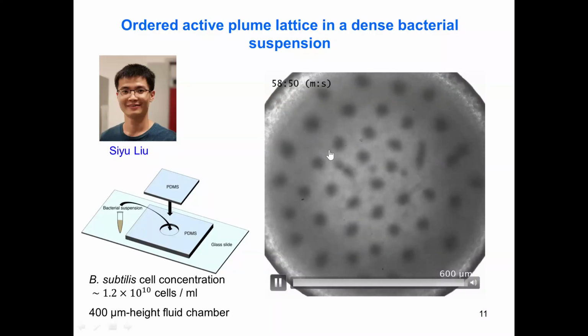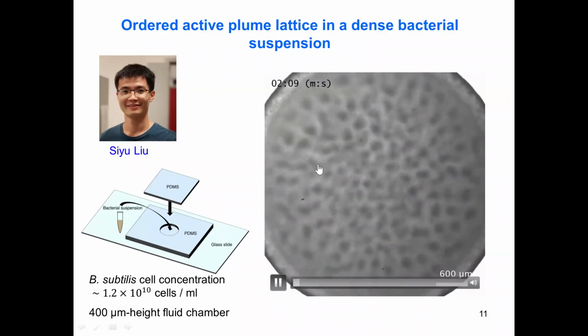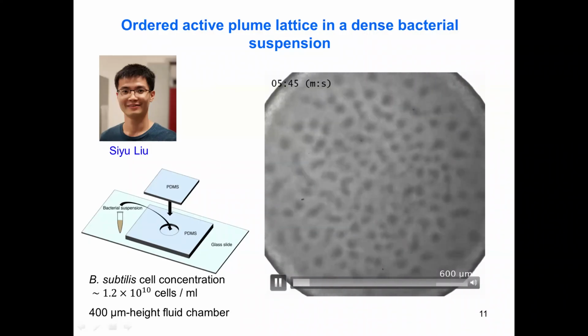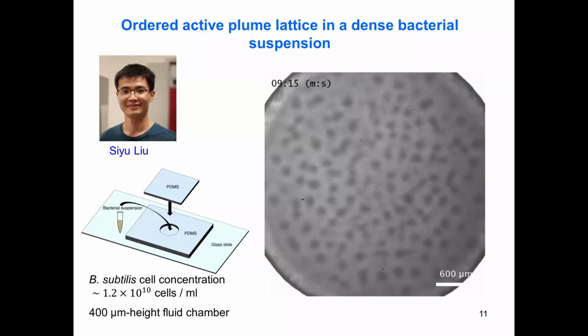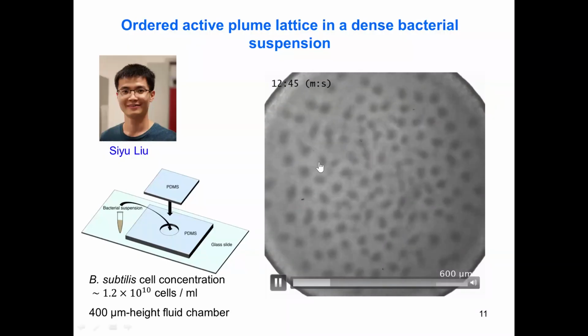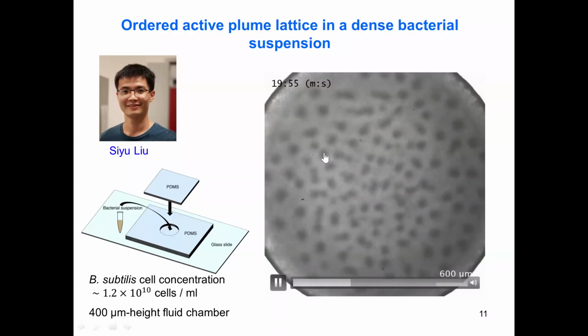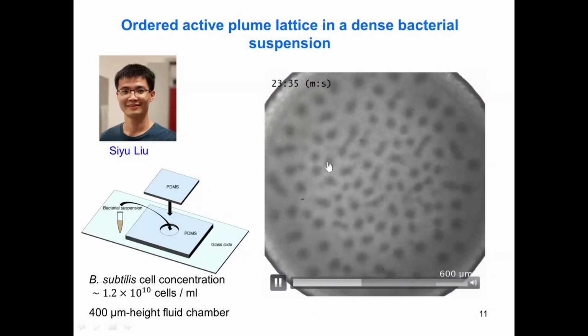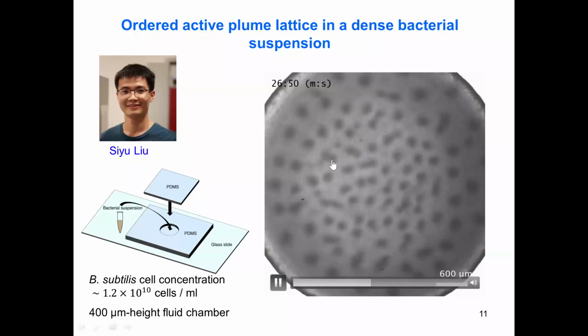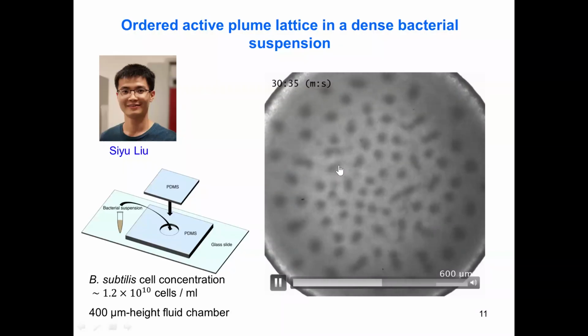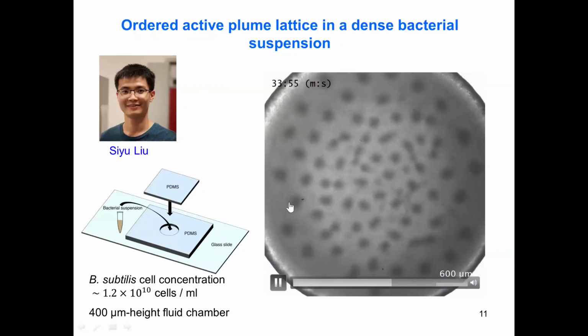And over time, they would interact with each other, they would fuse with each other, or they can split. So the individual dots or individual high density regions are like individual motile entities that interact and communicate with each other.